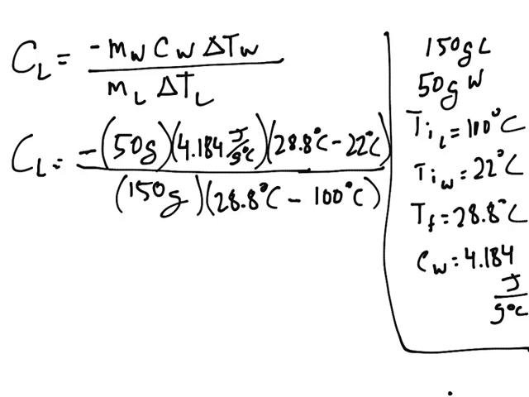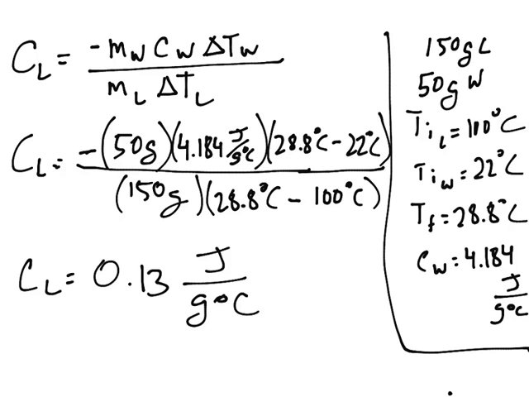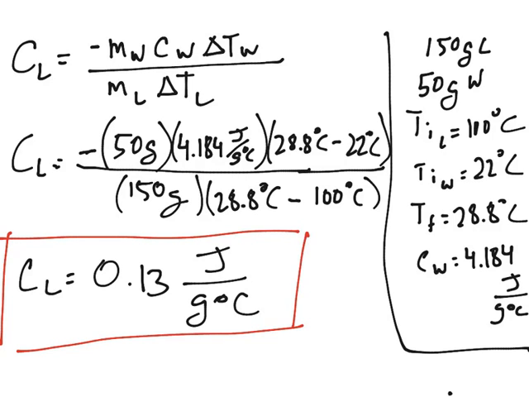And that is just going to give us 0.13 joules per gram degree Celsius. And that is because the negative sign goes with the negative sign produced in here. So that's why we have a positive specific heat. And it usually always is positive. And that is an example of a constant pressure calorimeter.